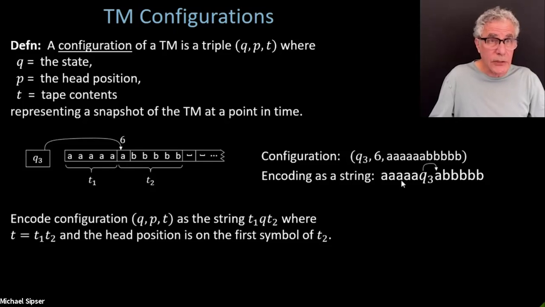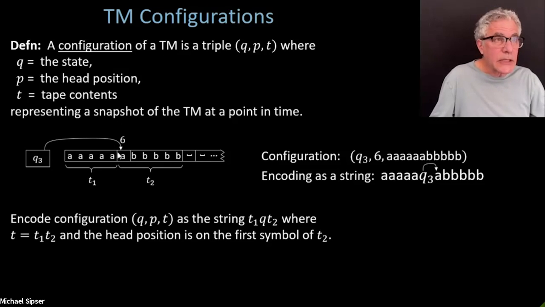So you can always tell whether you have a state symbol or a tape symbol. And so in a configuration, you're going to have a bunch of tape symbols and a single state symbol in the position where the head is.